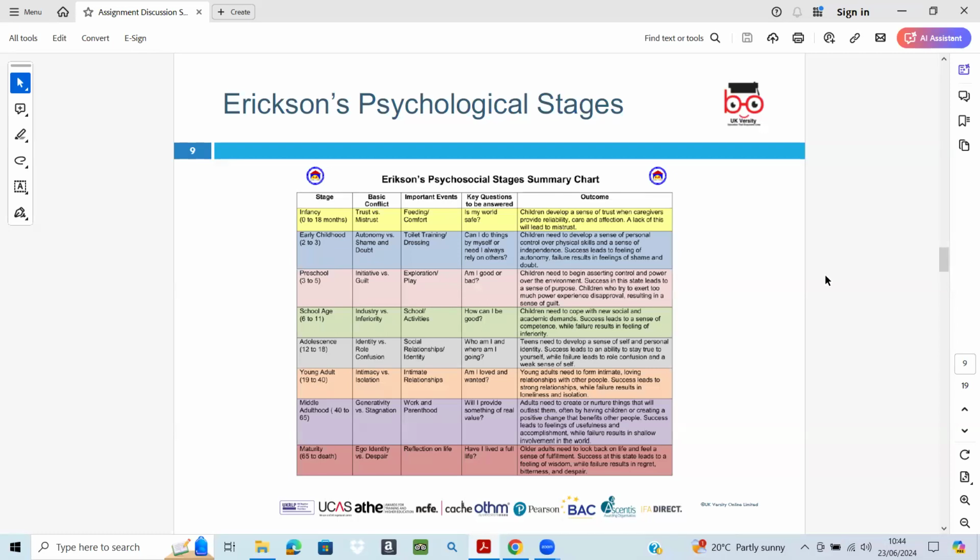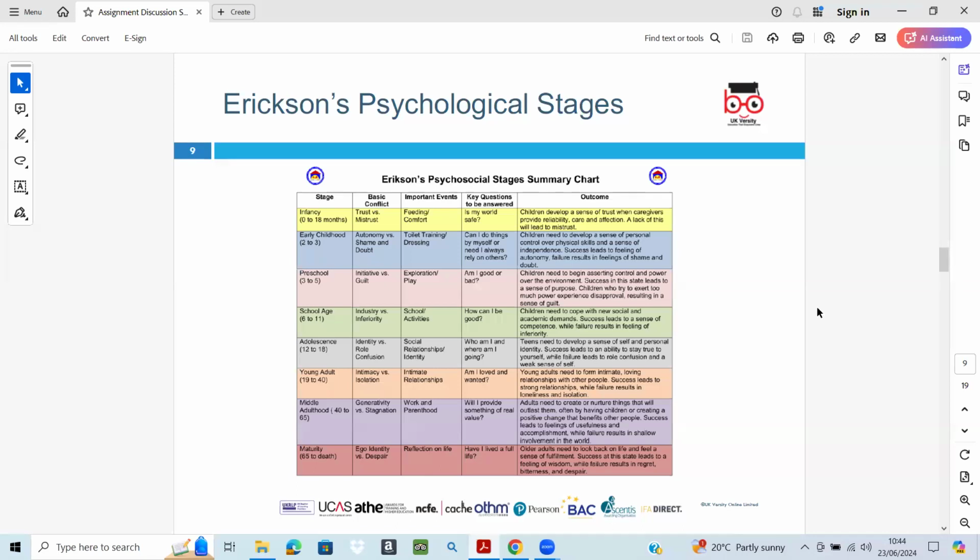Right. So, for example, if we discuss trust versus mistrust, it covers infancy, from 0 to 18 months. In this stage, infants learn to trust or mistrust their caregivers based on the consistency and reliability of care provided to them.